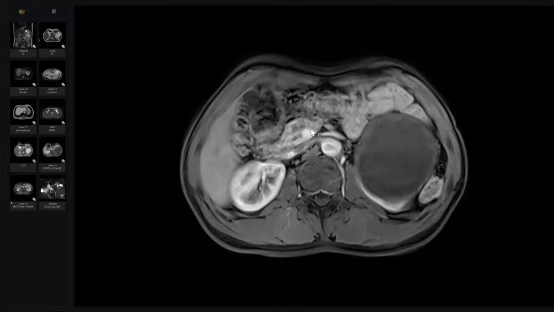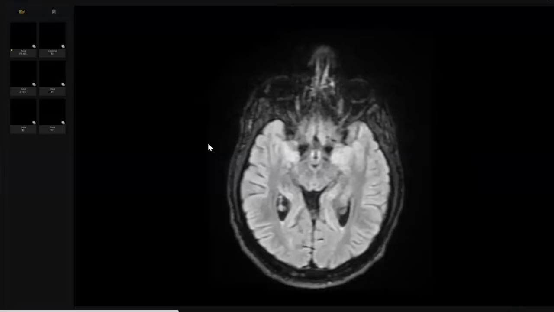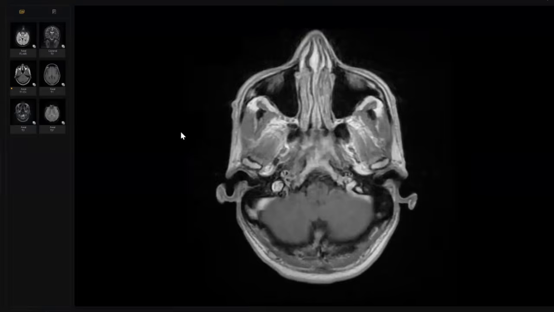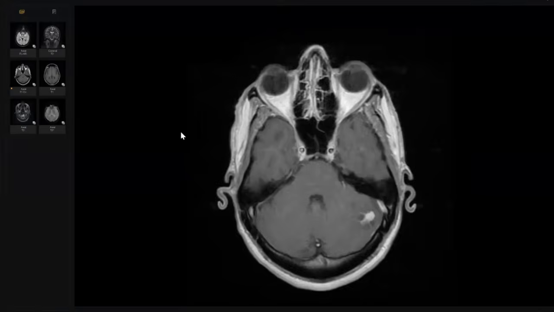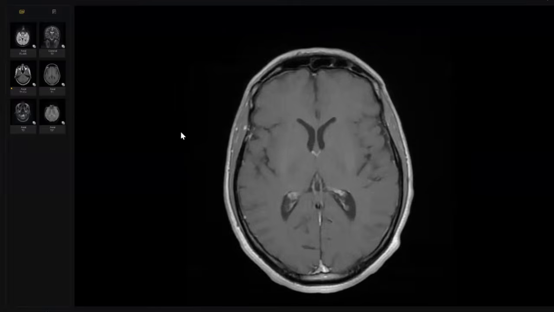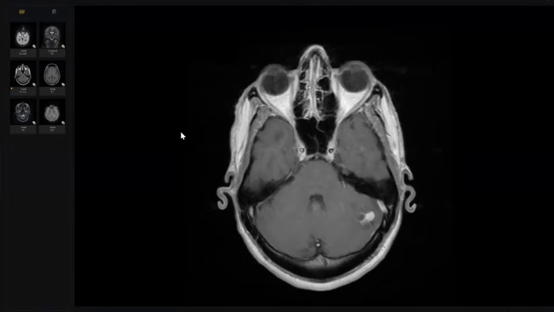We must tell the examiner, doctor, I want to do an MRI of the brain and cervical spine with contrast. Why? To rule out this lesion. Look here. What happened here? Cystic lesion with a mural vividly enhanced nodule. What is this? Hemangioblastoma.